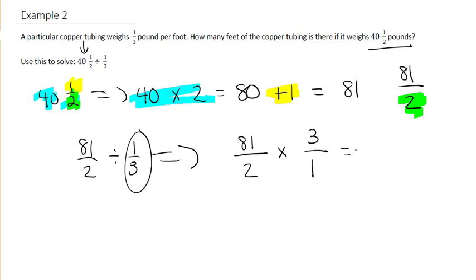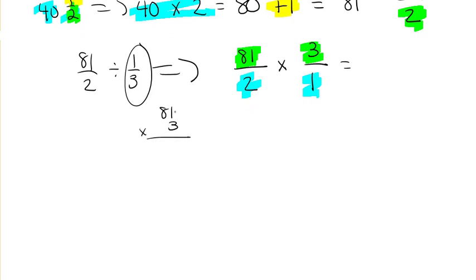Now we multiply. 2 times 1, and then 81 times 3. 1 times 3 is 3. 3 times 8 is 24. So we're left with 243 on the top, and 2 times 1 is just 2.